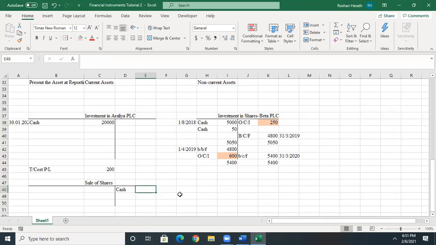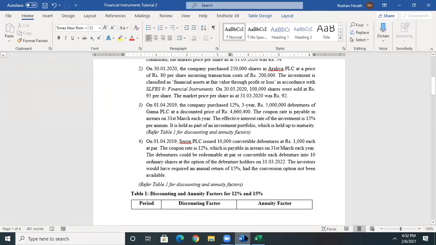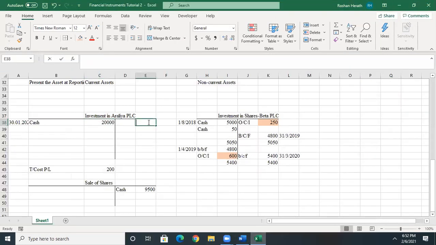It's 100,000 shares. 9,500. Then what was the carrying amount of these shares? It was recorded at rupees 80 per share. So you're supposed to take it out here. It's 80 into 100. This is the carrying amount. And that goes to the sale of shares. So the carrying amount comes as 80 into 100. It's 8,000. You're selling 8,000 worth of shares for 9,500.